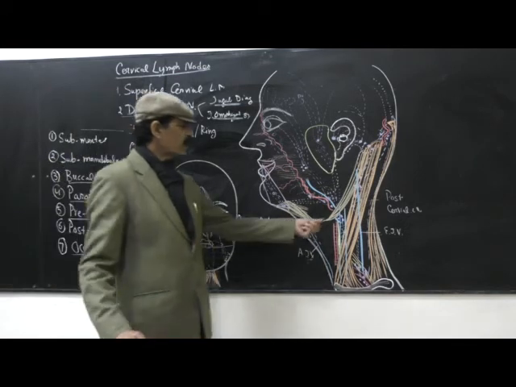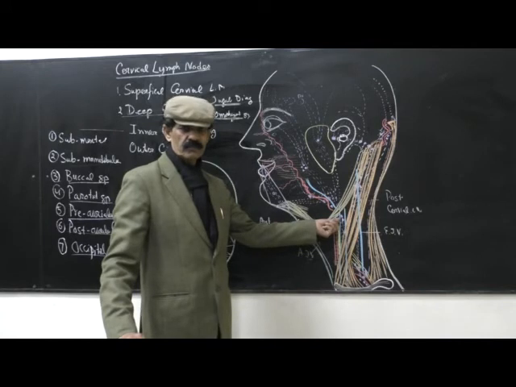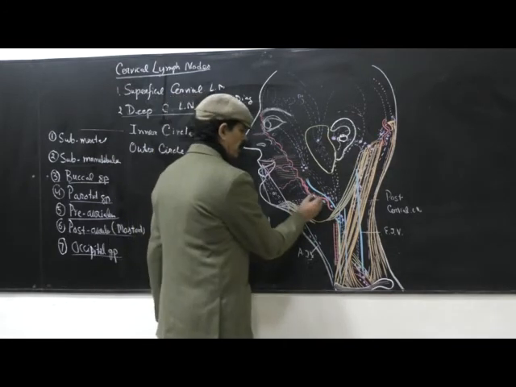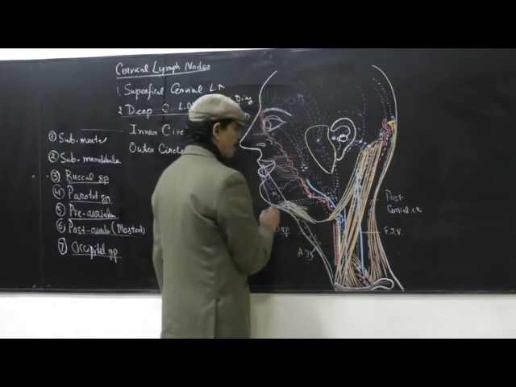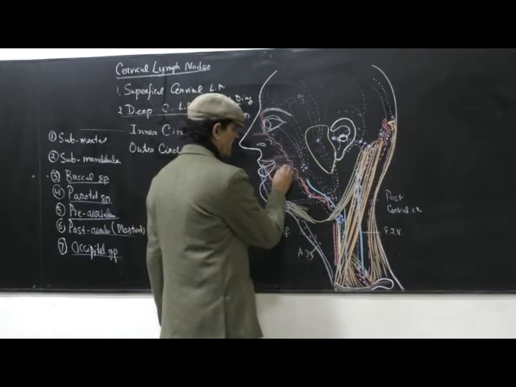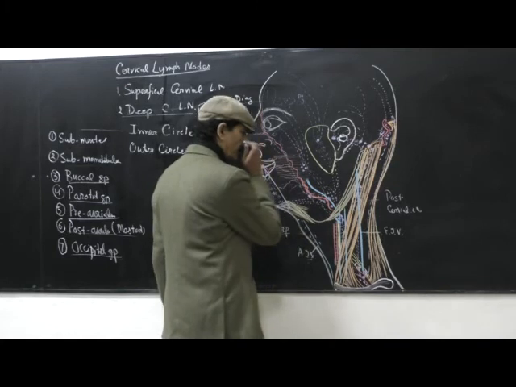This jugulo-digastric group is the lymph node of the palatine tonsil. But besides the tonsil, it also receives the afferents from, as we have seen, the submandibular group, from the deep part of the mouth, the palatine tonsil.